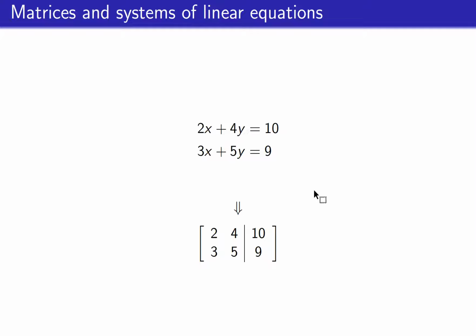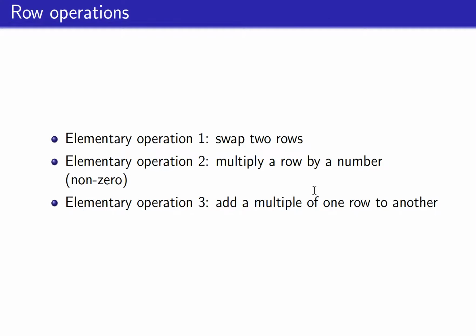Once I write it like this, I can rephrase all of my elementary operations and turn them into operations on these matrices. If you remember, elementary operation of type 1 swapped two equations. Now we're going to swap two rows. And instead of multiplying an equation, we're going to multiply a row by a number. You multiply all across by a number.